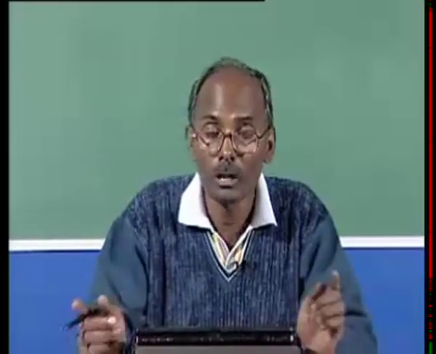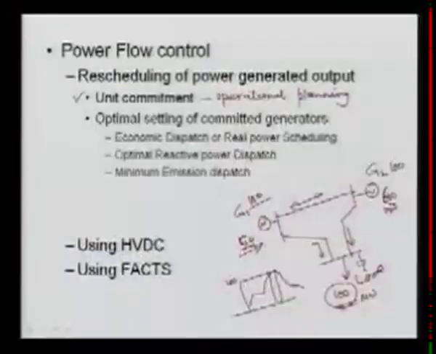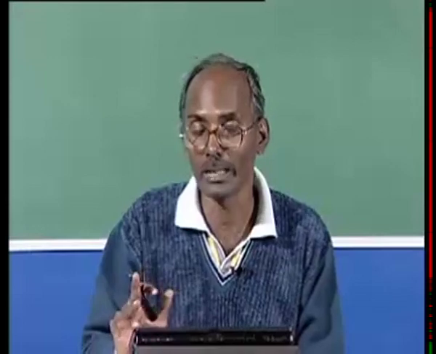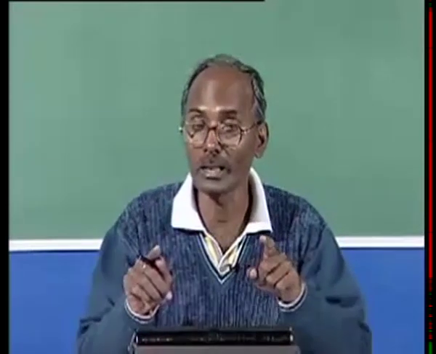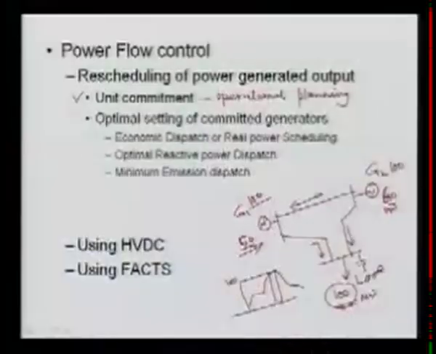So we have to optimize to meet our load curve. We have to meet our demand at any particular station, and then commit the units accordingly. Once units are decided, then we can change the loading on them so that we can follow the load at that time. For example, for this hour it is 50 megawatt.